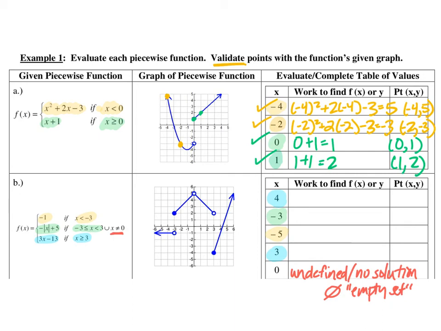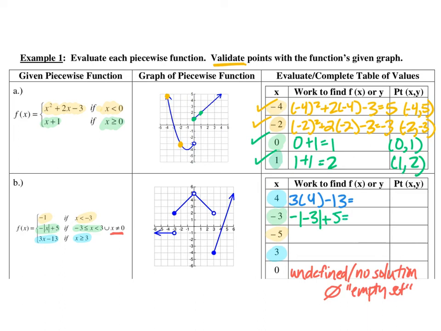So now that we know which function each one of these inputs goes into, we can go ahead and substitute them. So we're going to substitute 4 into the blue function. 3 times 4 minus 13. Substitute negative 3 into the green function. Negative absolute value of negative 3 plus 5.